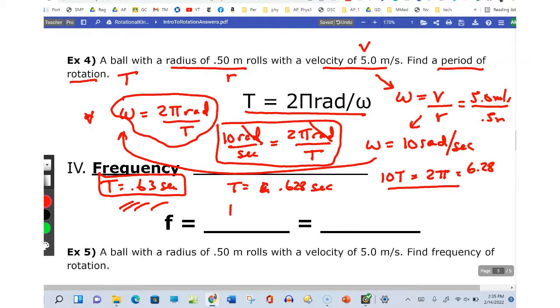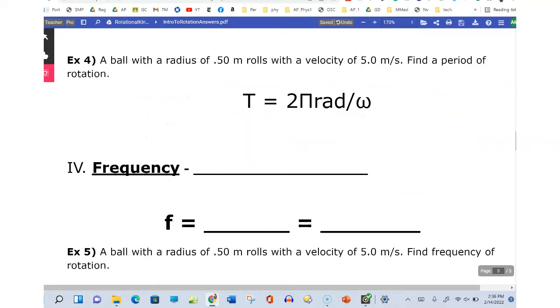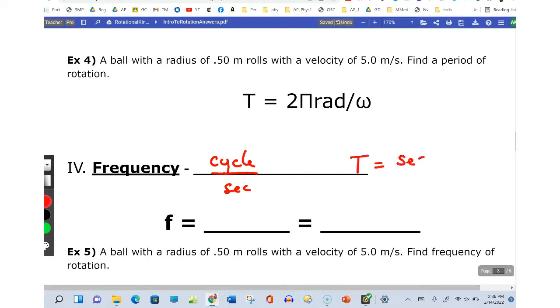Frequency is 1 over T. So what is frequency? Frequency is the number of cycles per second. What's a cycle? It sounds like circle. It's the number of revolutions per second, where period is the number of seconds per cycle.